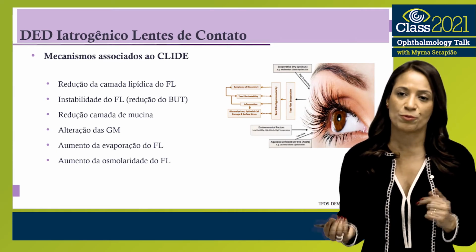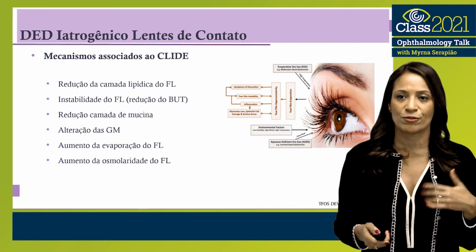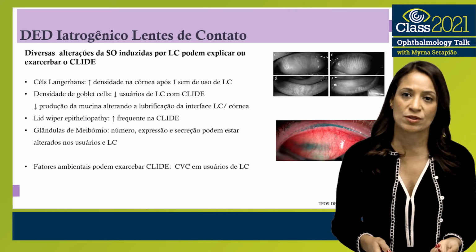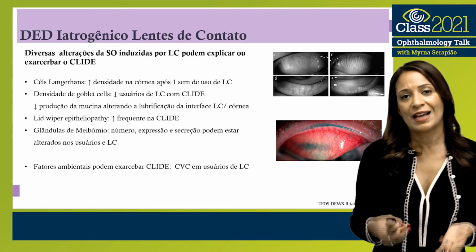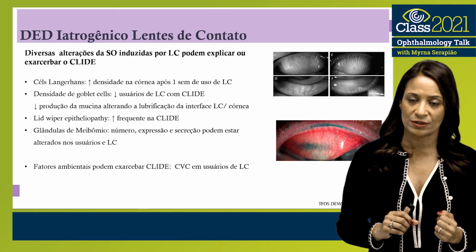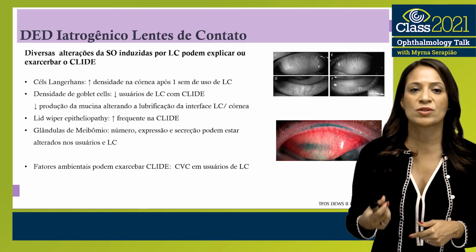The patient may progress to evaporative dry eye and, in more severe cases, mixed dry eye, also evolving with decreased tear film production. And so several ocular surface changes induced by the use of contact lenses can be explained by contact lens-induced dry eye.